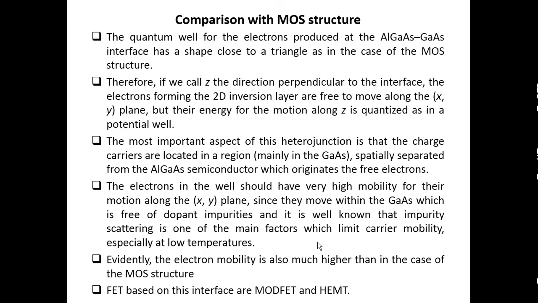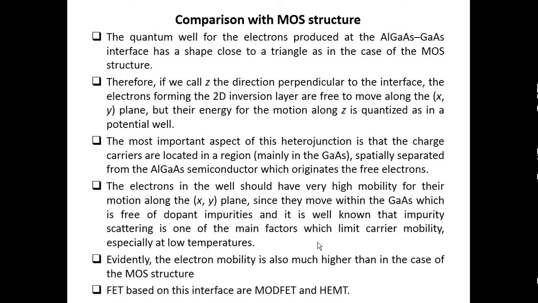Understand that fact? Okay. Since they move within the gallium arsenide, which is free of dopant impurities, that actually makes the carrier mobility of the electrons very high, because there is no impurity scattering in the gallium arsenide material, due to its dopant-free nature.